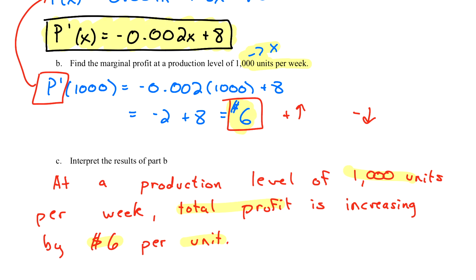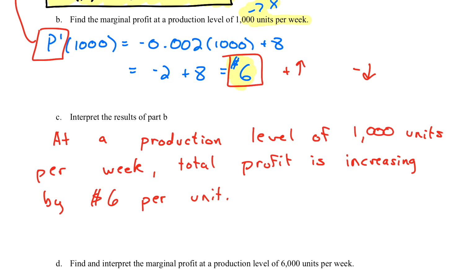Now, if I stray far away from that 1,000 units, if I start making, say, 2,000 units, then the change in my total profit is going to change. But as long as I'm staying relatively close to 1,000, I can expect my total profit to go up by about $6 per unit. So that's very cool.